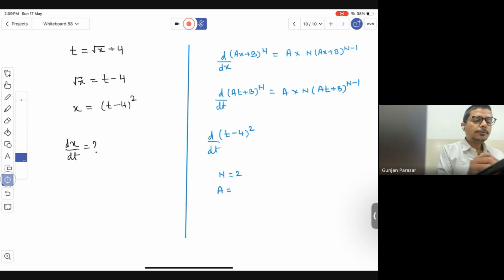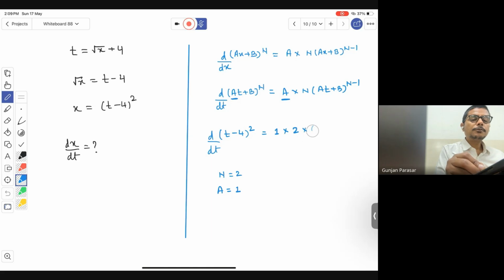What is a in there? The coefficient of the variable term t is 1, no? If I write x, the coefficient of x is 1. Same way I write t, coefficient of t is 1. So we multiply it with 1. 1 into n, which is 2, into t minus 4 having power 2 minus 1.